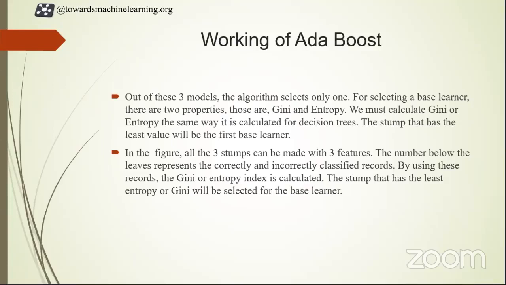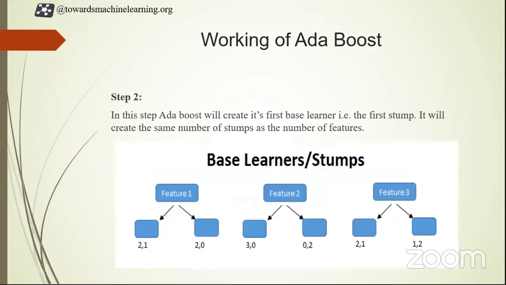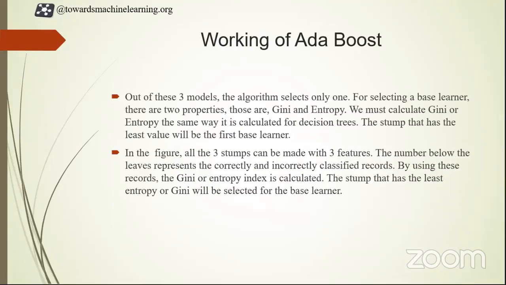Now, we have taken these three features and built three stumps. Among them, the algorithm selects one. For selecting a base learner, there are two properties: as you can see, we have Gini impurity and we have entropy, as you learnt about in decision trees.